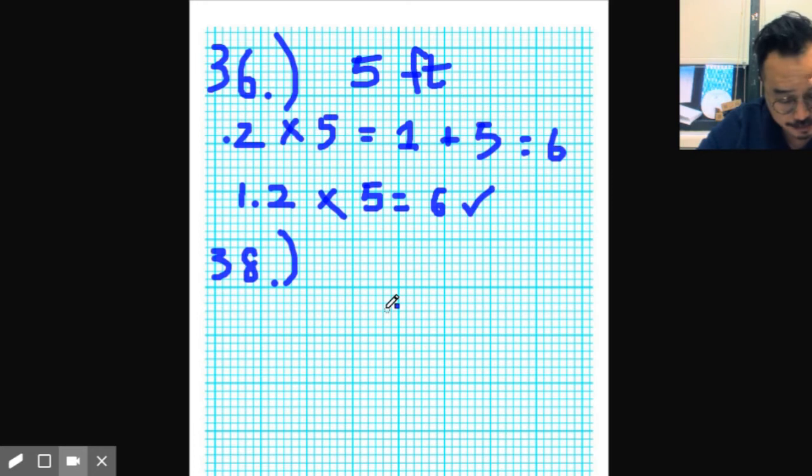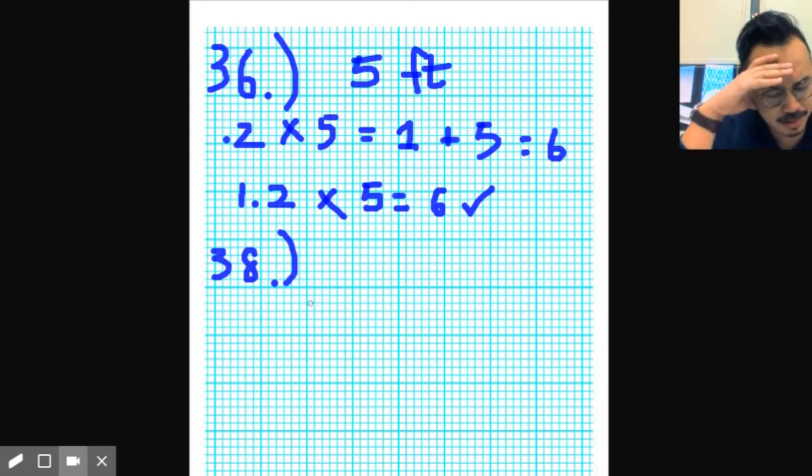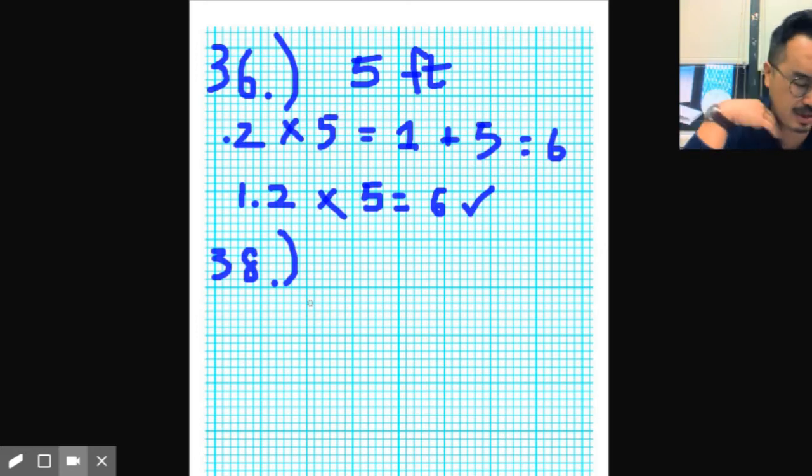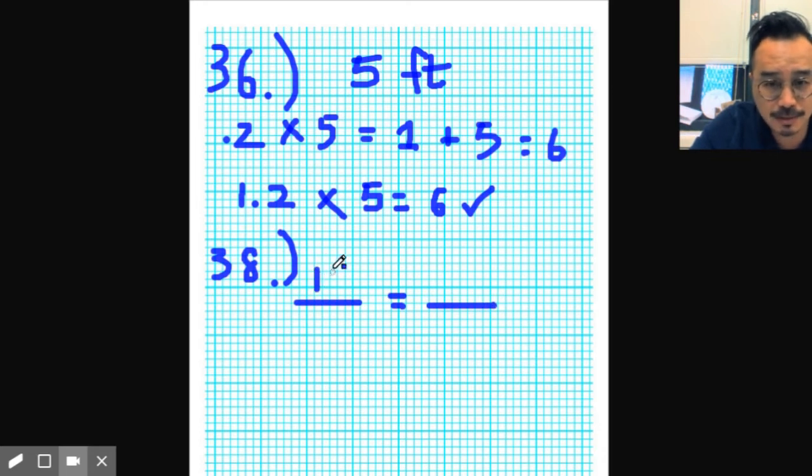All right, 38. Now, this is interesting because this is actually a type A, type B, type C sort of question. So you invested some money, made a profit of $55. Your profit was 11% of your investment. So what they're saying is this: 11 percent is $55, which is out of what?